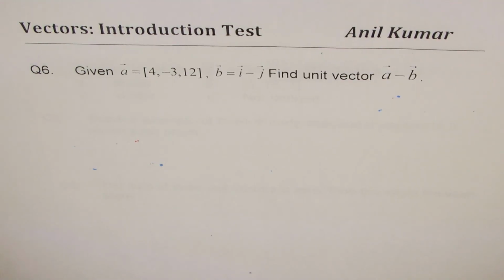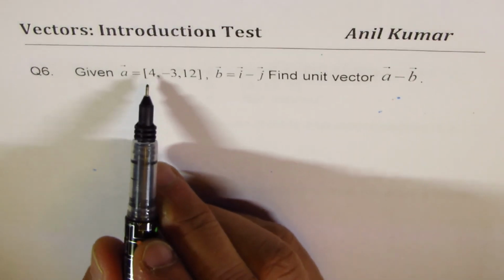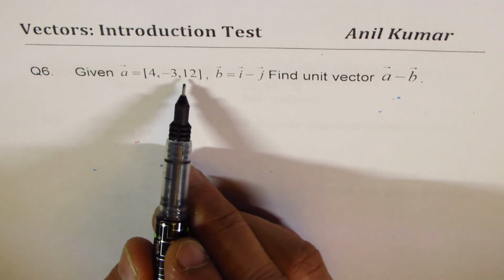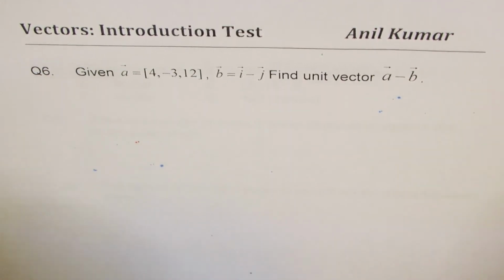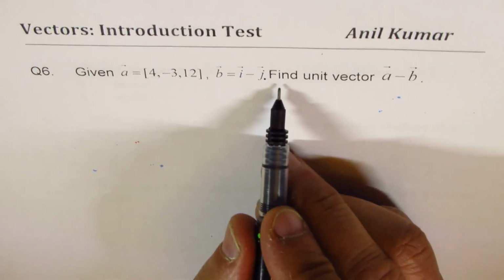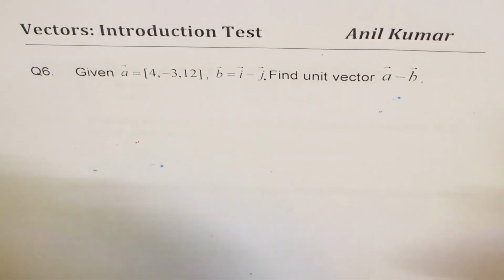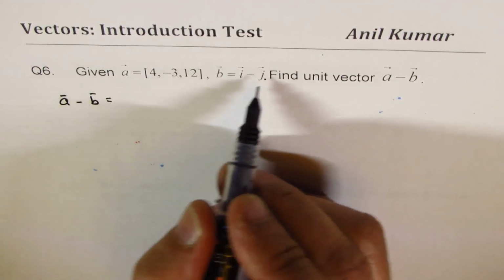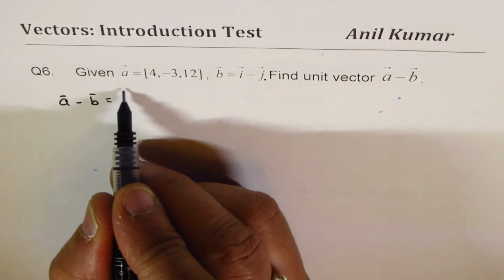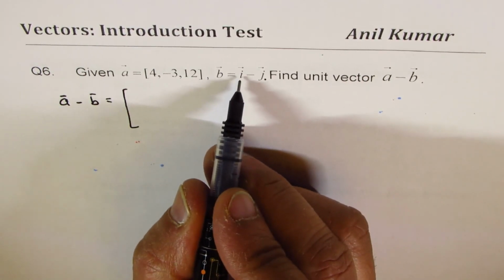Question number 6. Given vector A as 4, minus 3, 12 in component form and vector B as i minus j, find the unit vector of A minus B, right? So we need to find the vector A minus vector B. That means we can write them in component form i, j, k.